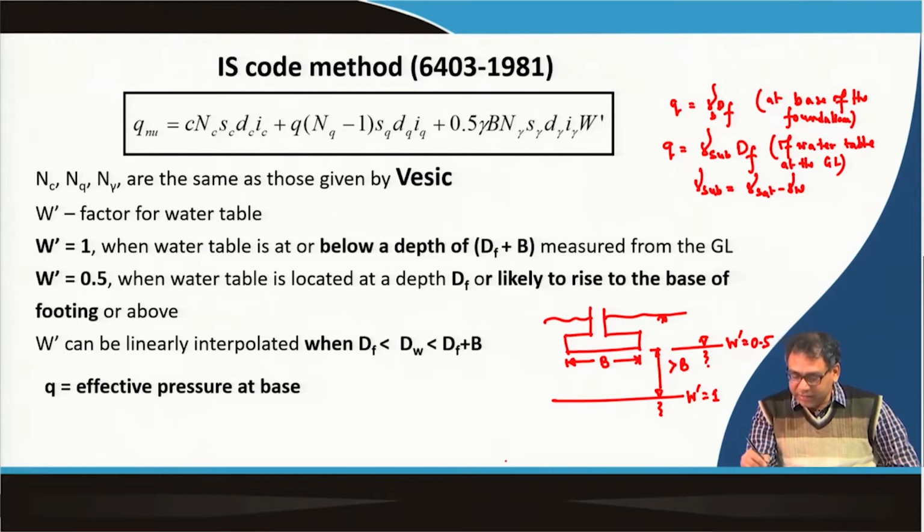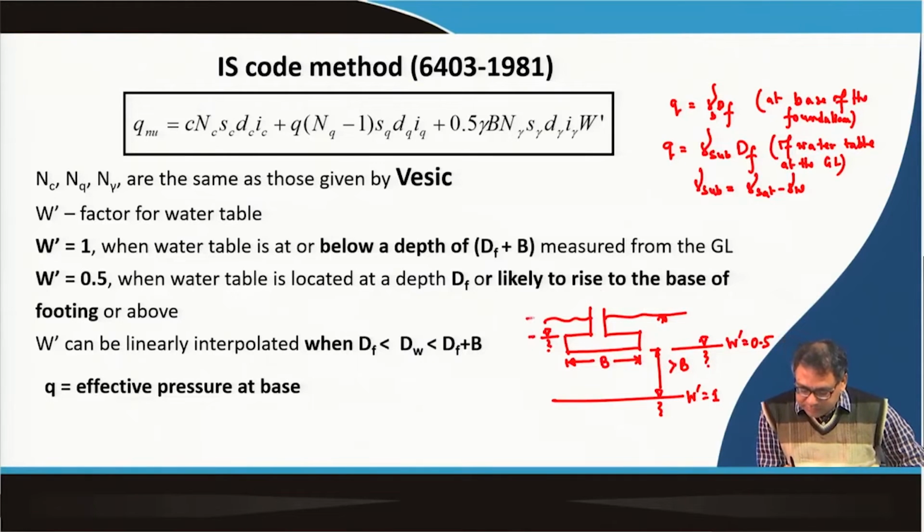Okay. So, now if the water table is in between that, so suppose your water table is here. As per our IS recommendation, if the water table is within the base and the ground surface, then W dash will always be 0.5, but the Q value will be different.